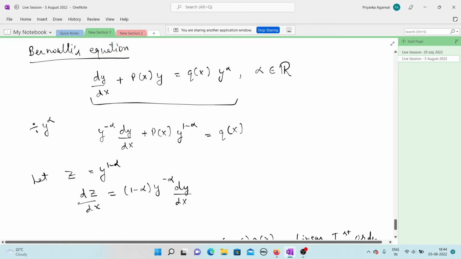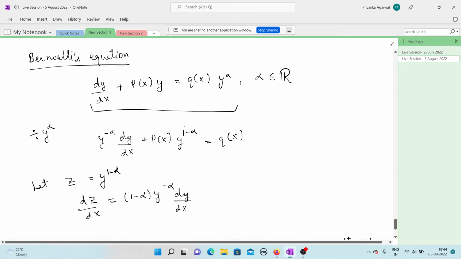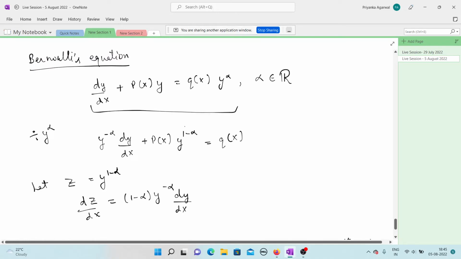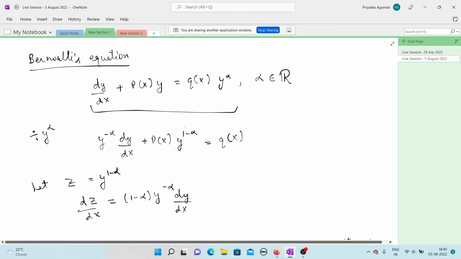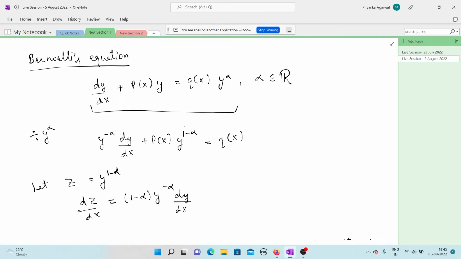Yes, you have to consider the mod while integrating, but given the domain, if that mod is not required, that is, if the value inside the mod is always positive, then you can just simply release the mod. And since we are talking about the real domain, in most of the cases we will be directly able to release the mod.